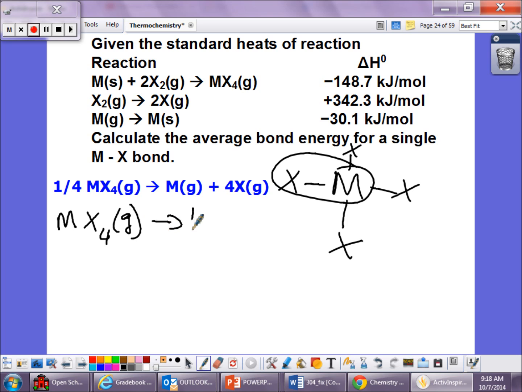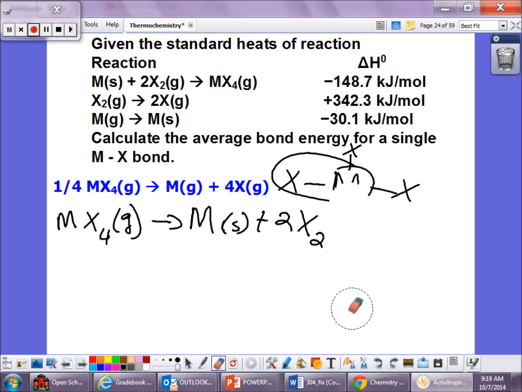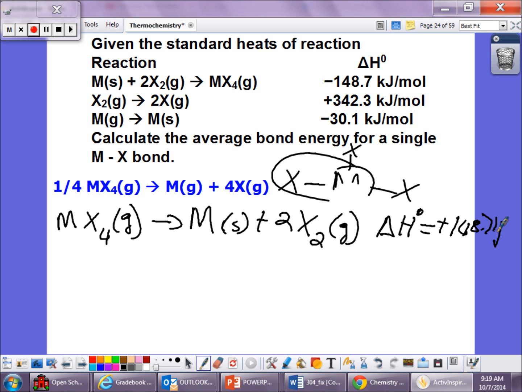Yield M solid plus 2X2 gas. Because we flip that equation, the delta H is positive 148.7 kilojoule per mole.